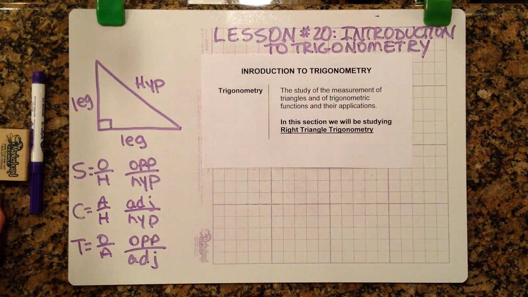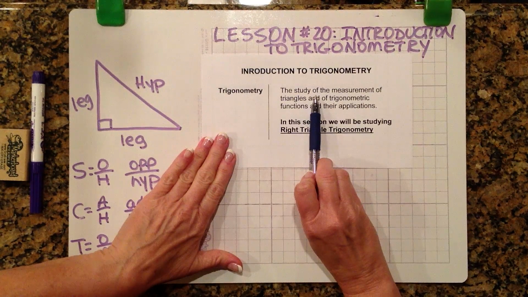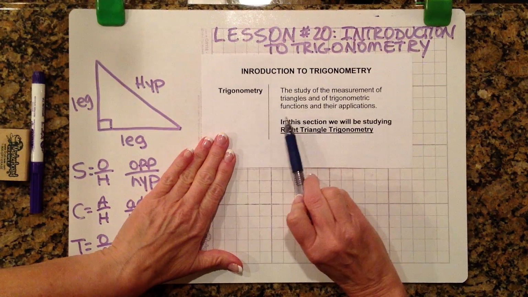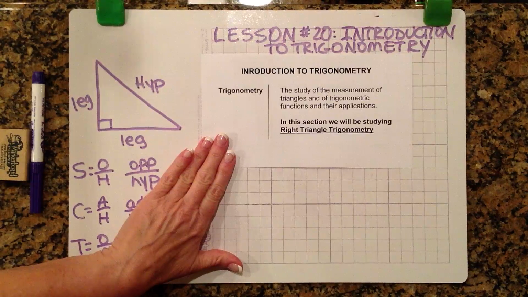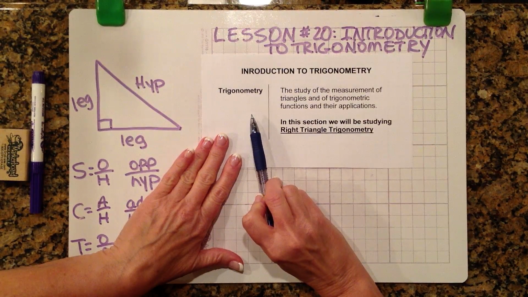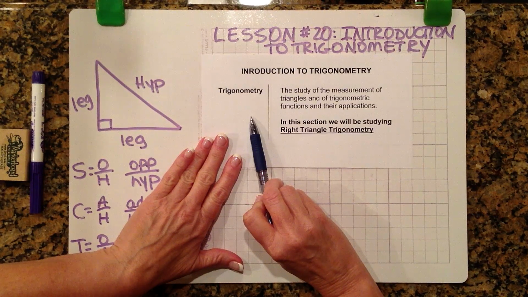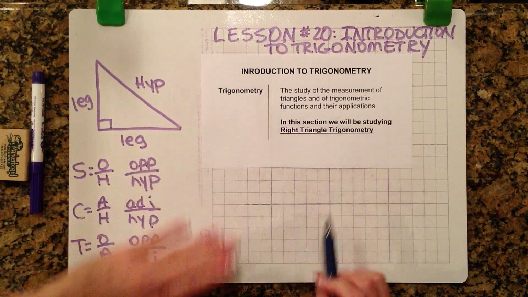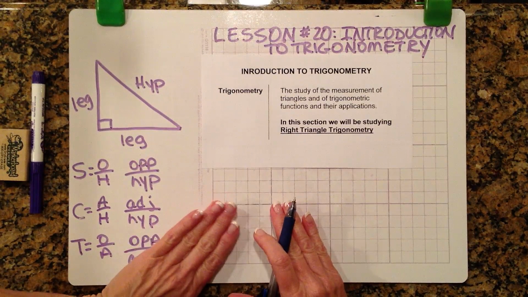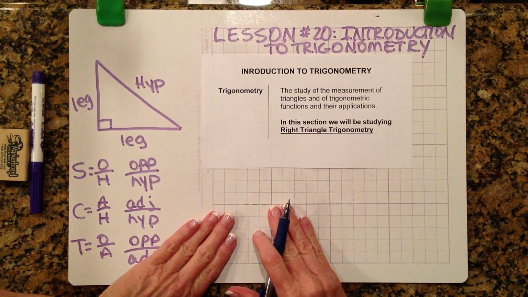Okay, what is trigonometry? Trigonometry is the study of the measure of triangles and of trigonometric functions and their applications. This is just the very beginning of trigonometry. You do trigonometry, a little bit of it, really an intro of it, in geometry class.